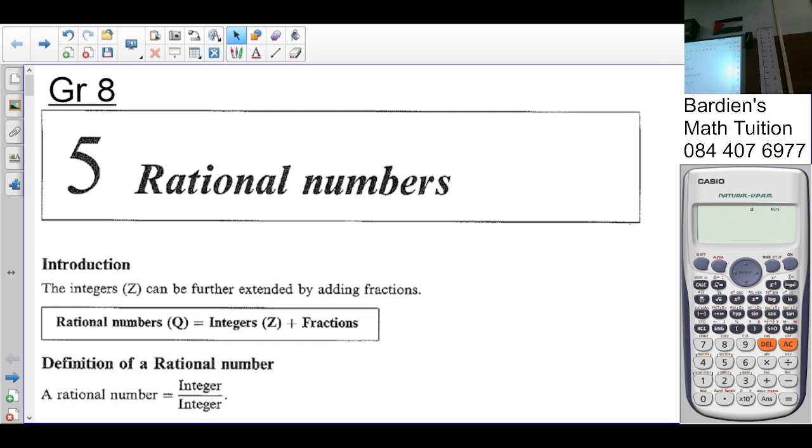It's going to be worksheet 3 and worksheet 4. You should be able to do both. Worksheet 3 and 4, that's on pages 85 and 86.